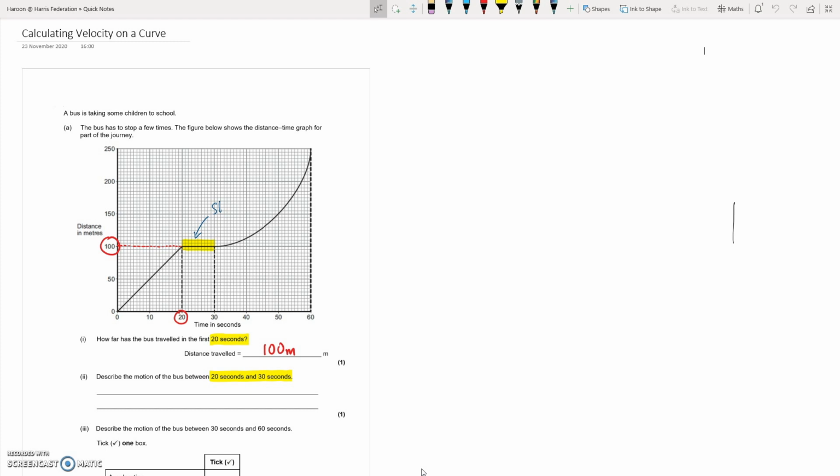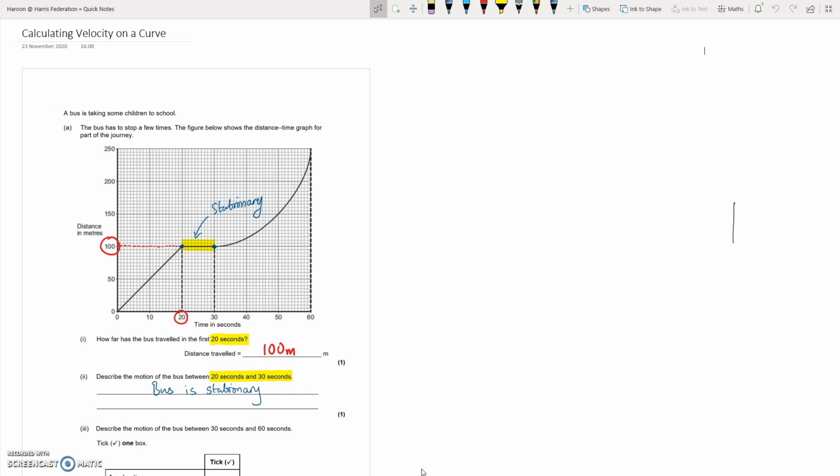And we can kind of interpret that here. If we look from 20 seconds, he's still at 100 meters. And at 30 seconds, he is still at 100 meters. So he hasn't moved. So we'll say that the bus is stationary.